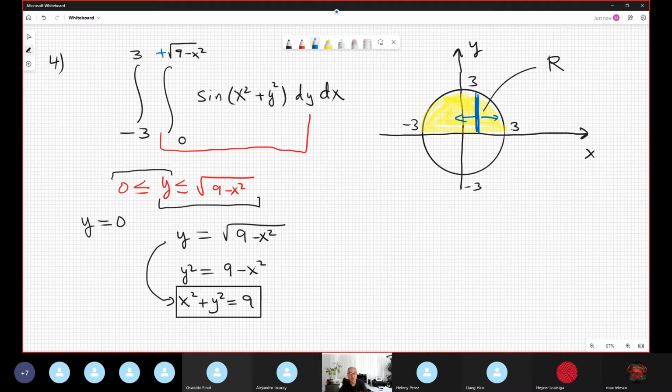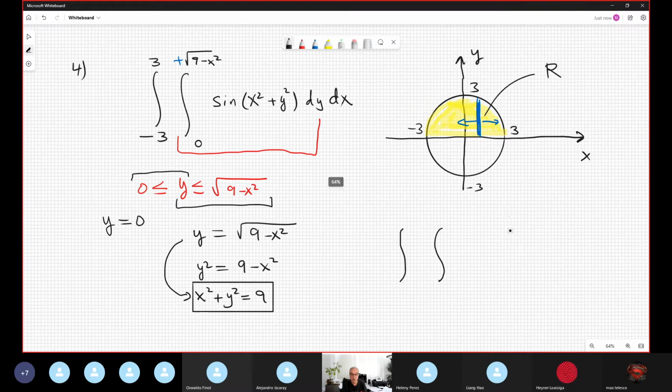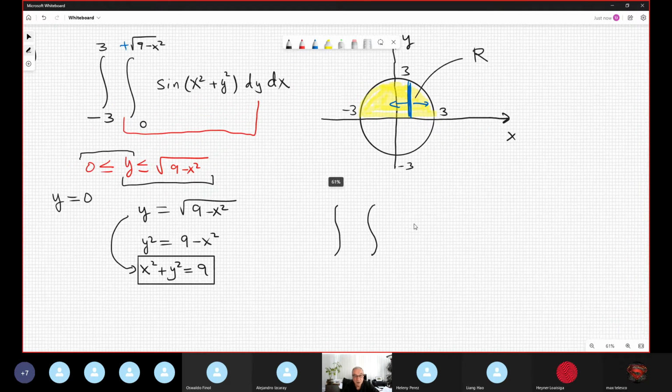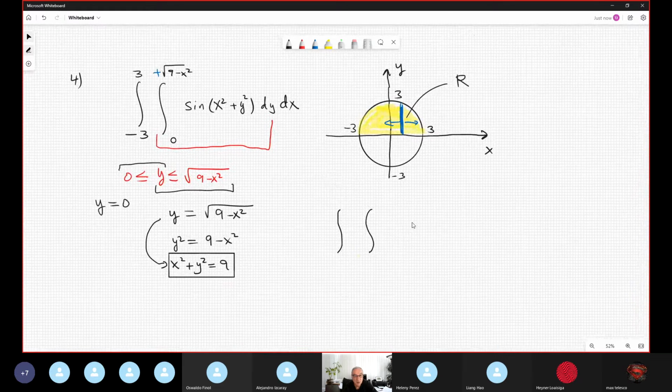I need to do everything now to convert this double integral into another double integral, equivalent 100%, but in polar. Okay, so we need to do something. Number one is, well, convert the integrand function to polar.